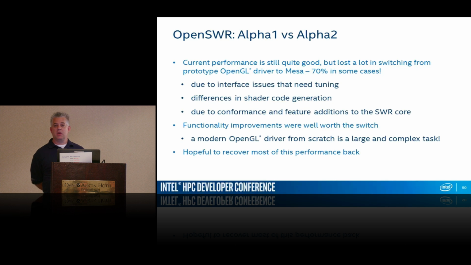Now these shaders are being generated and then compiled by the GLSL compiler. So we haven't done a whole lot to highly optimize those beyond what the shader compiler is getting us. We have vectorized those, so we do get parallelization out of them, but they're not as highly tuned as they could be yet.